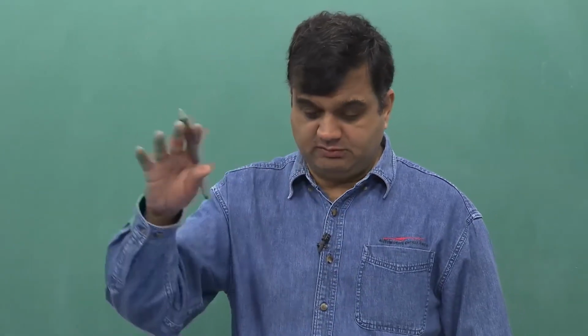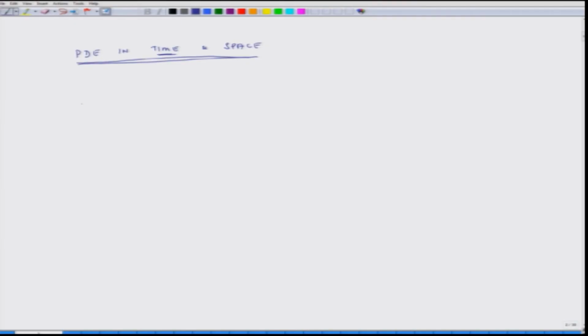So, the overall scheme of things is that the first step you do when you encounter such a problem is that you try to integrate the equation in space. Okay. So, this step is known as spatial approximation.